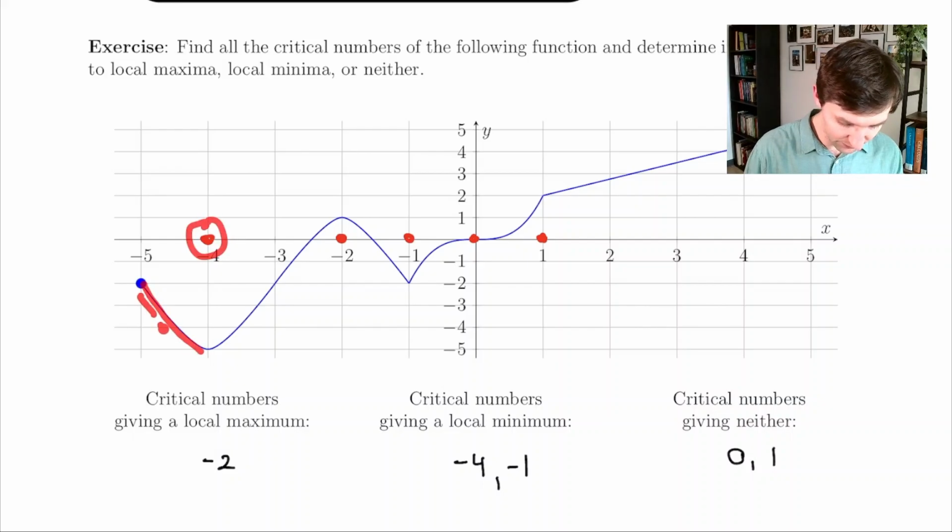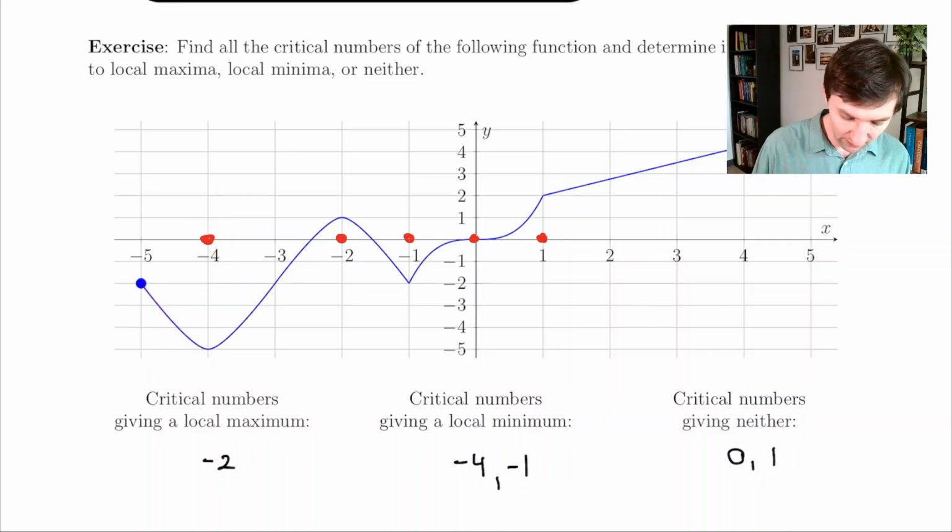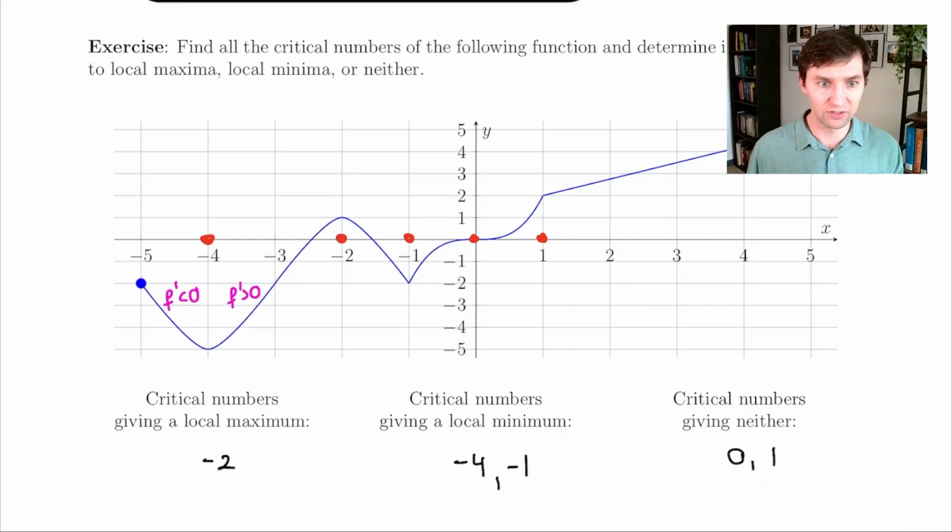All the slopes of tangent lines are negative, meaning the derivative there is negative. And right after that critical number, the derivative is positive. The function is increasing, which means that at this critical number, where we have a local minimum, the derivative changes sign from being negative to being positive.